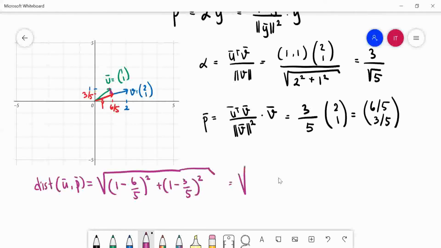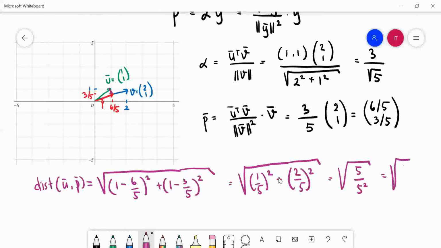If we calculate this, this is equal to this, which brings us to 1 plus 4 divided by 5 squared. So here we have the distance between u and P, which is equal to the length of the line here.